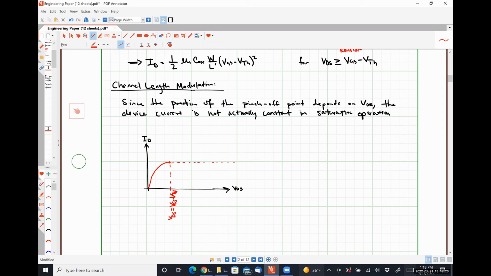But because our channel length is actually getting smaller the higher VDS is, we actually observe a simple linear increase in ID.